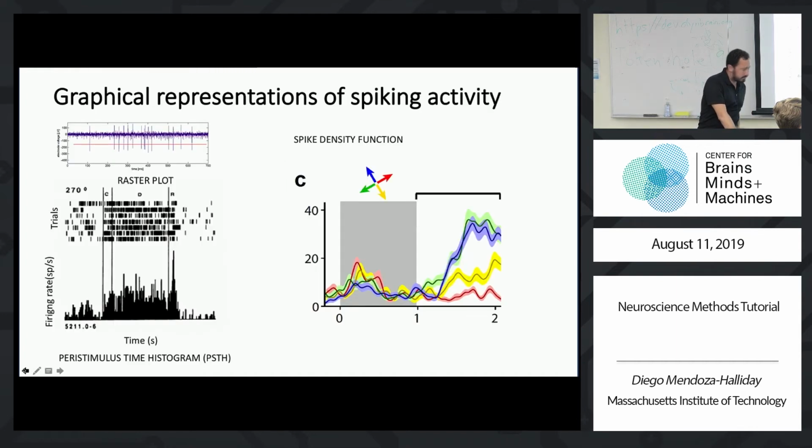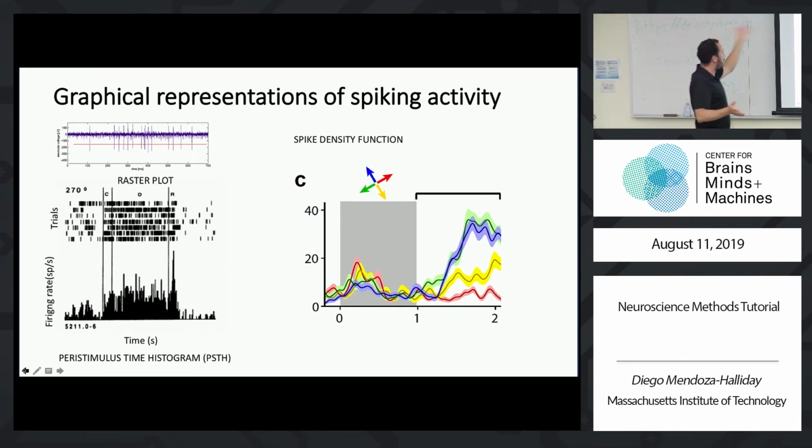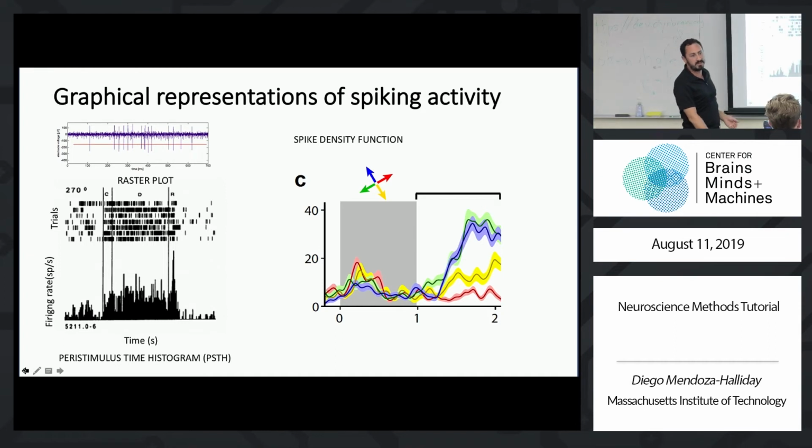All right, so once you have the spikes, the way to reduce your data is to create timestamps. Basically, all that you need to get is the timestamp of each of the spikes in your recording. Once you get that, you can graphically represent your spiking activity in many ways.